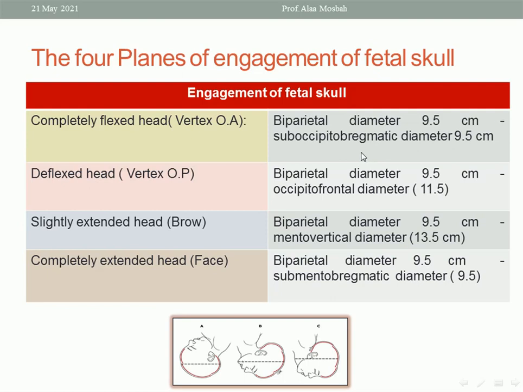It will differ in each of these four. In case of completely flexed head in occipito-anterior, the longitudinal diameter will be the suboccipitobregmatic diameter, 9.5 centimeter. In case of deflexed head in occipito-posterior, the longitudinal diameter will be the occipitofrontal diameter, 11.5 centimeter.